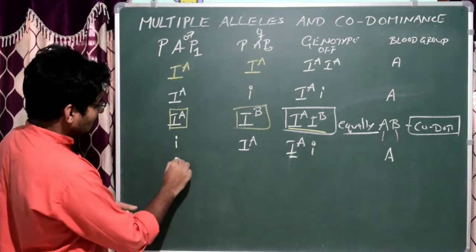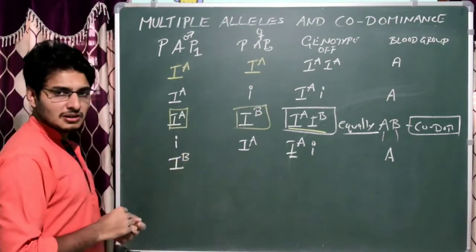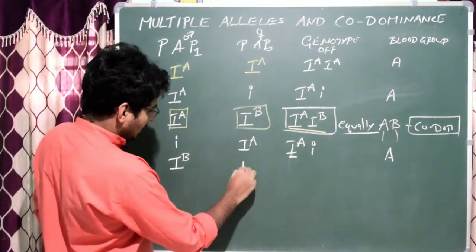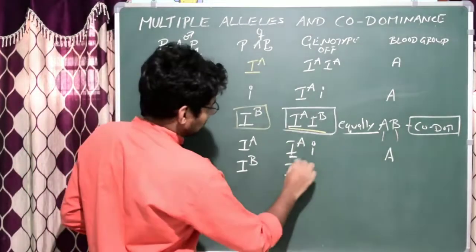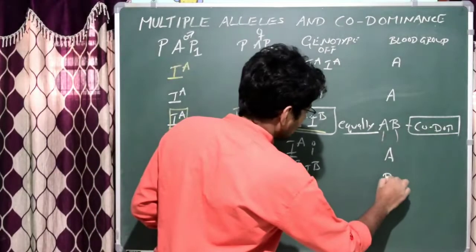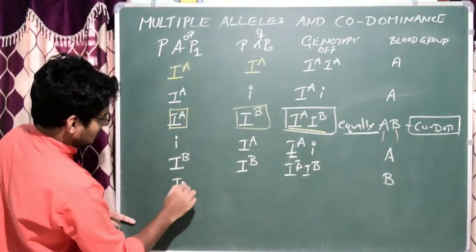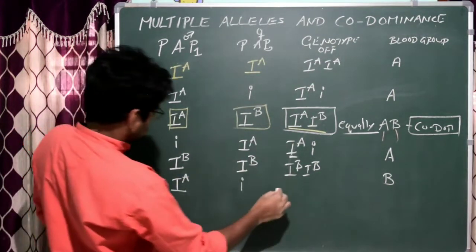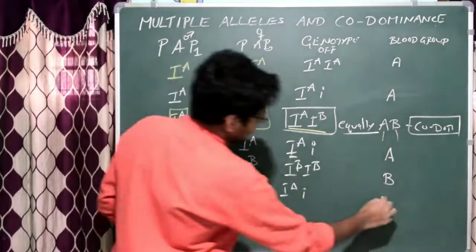Let us assume one more possibility: the father gives the IB allele and it combines with another IB. Obviously the genotype will be IB IB, homozygous for B blood group. Then one more possibility: IA and small i, then we get IA small i, and finally we get A.